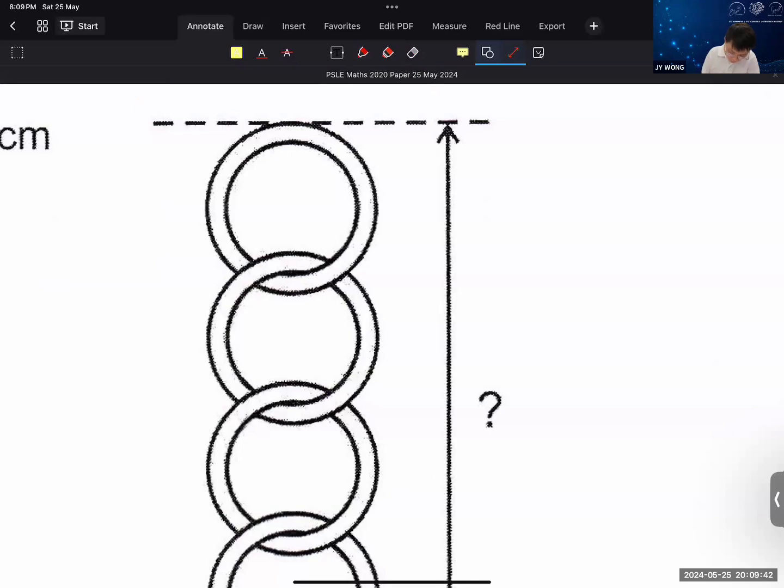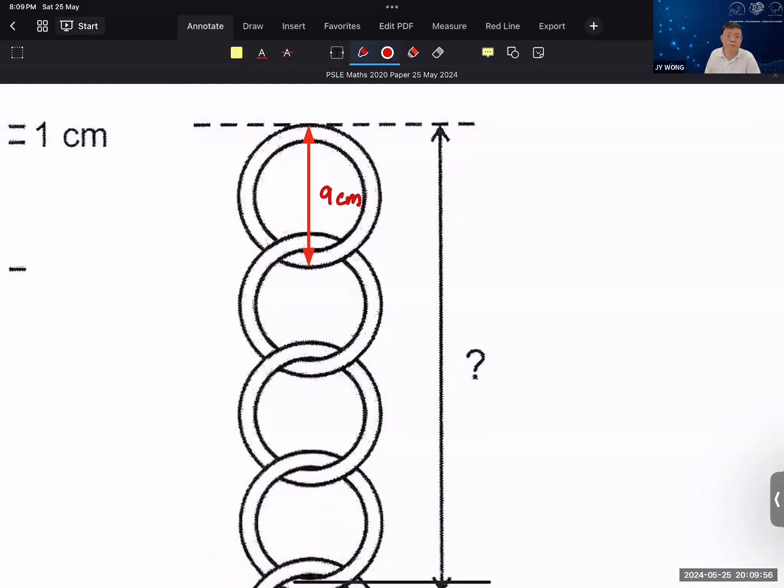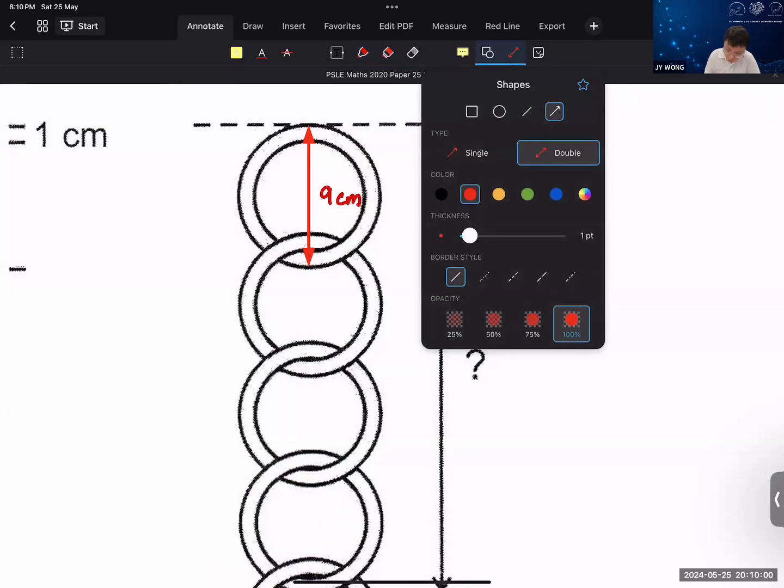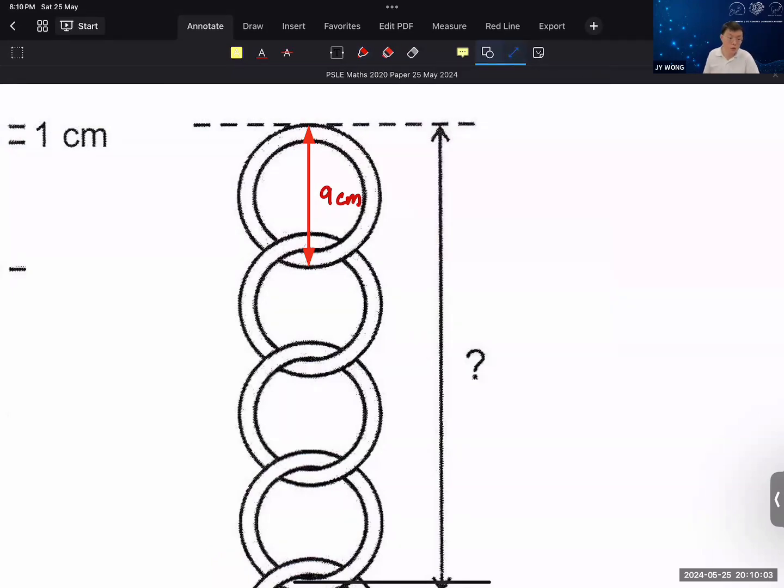So the way that I'm doing it is just one way, but you could have done it in a different way. We know that this is 9 cm, right? So that is your first ring. What about the second ring onwards? What is the increment?